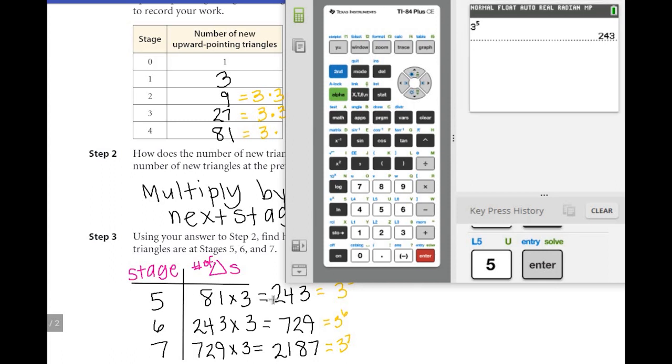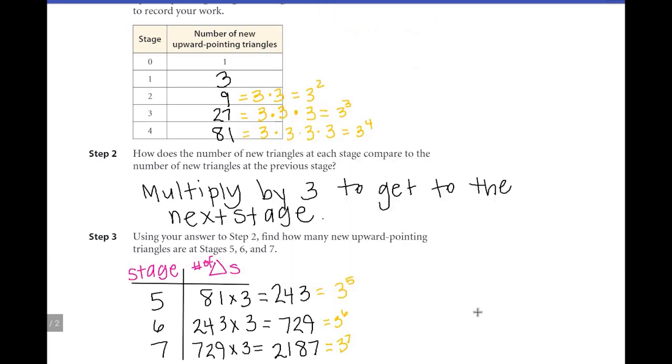Yeah, that's 243. That's what we were looking for. What about 3 to the 6th? 729, exactly. 3 to the 7th? Yeah, 2,187. So it looks to me like the exponent matches the stage number, right?